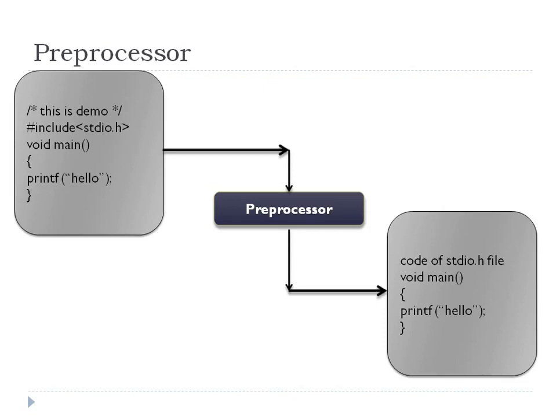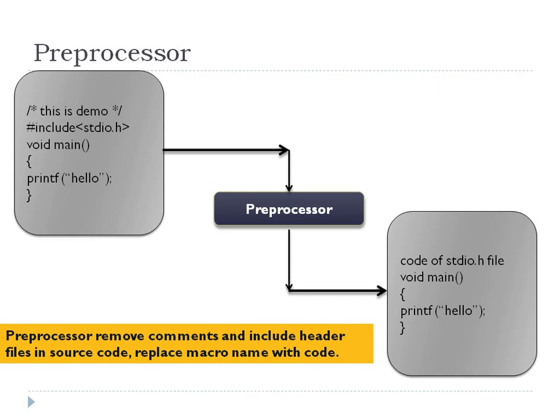Second task the preprocessor does, it will include the header file code in the file itself. So if we have included, say, stdio.h, this is also a file, so the code of that file will be included in our program. And the third task, if we are using any macro, the preprocessor will replace all the macro names by their values.